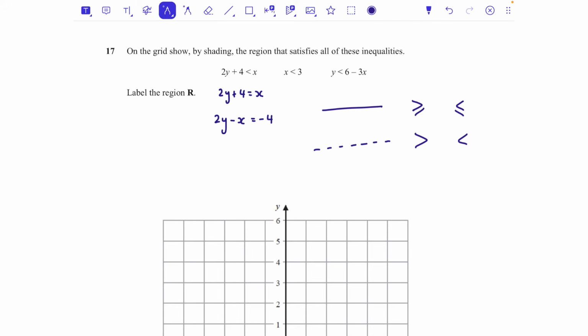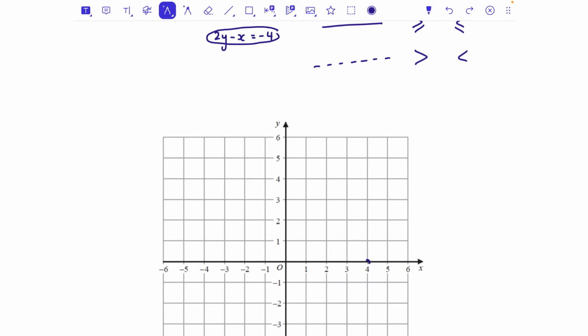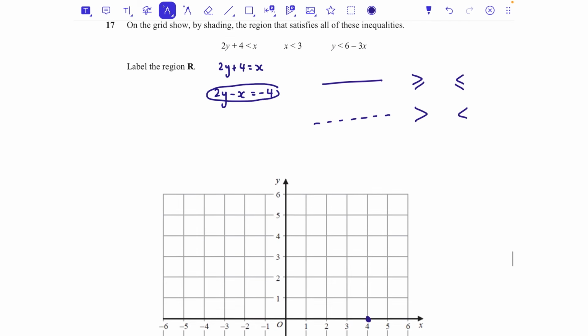So if you would like to know when a straight line crosses the x-axis, you make y 0. And so if I make y 0, that term would be 0. And then I've got minus x is minus 4, so x must be 4. So therefore we know it crosses the x-axis at 4, which is here. I then, if I want to know when it crosses the y-axis, make x equal 0.